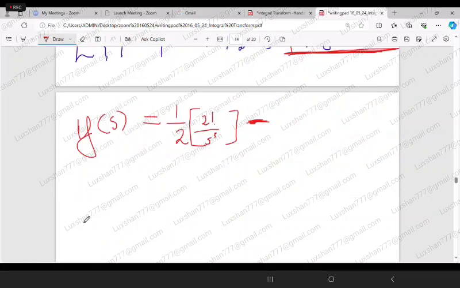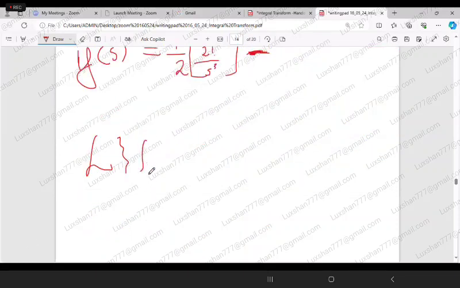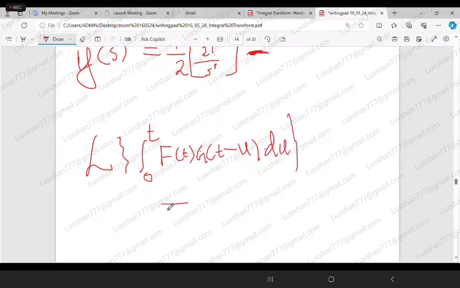What is the Laplace transform of the integral from 0 to t of f(u) g(t − u) du?